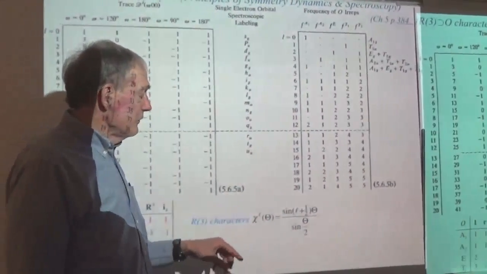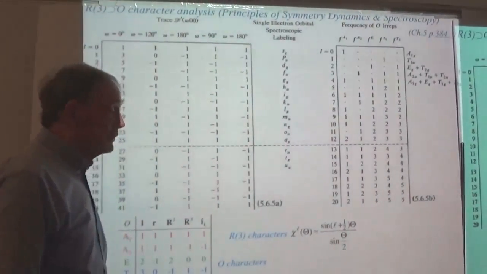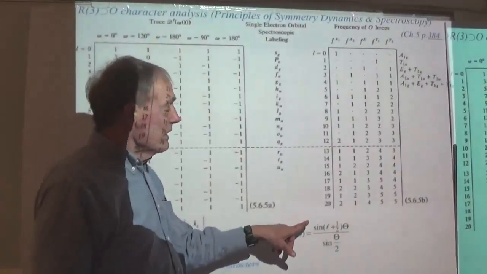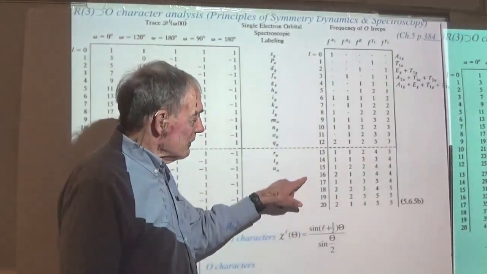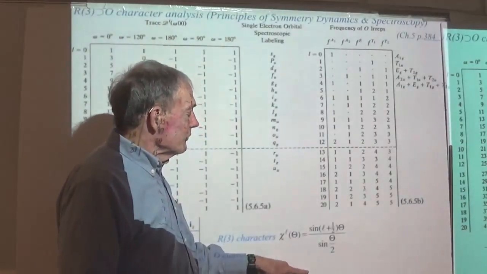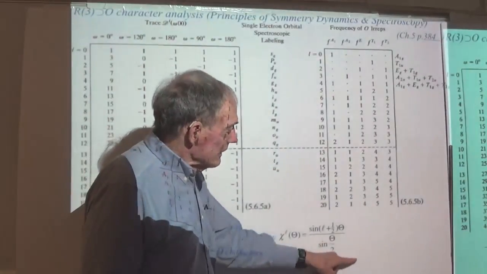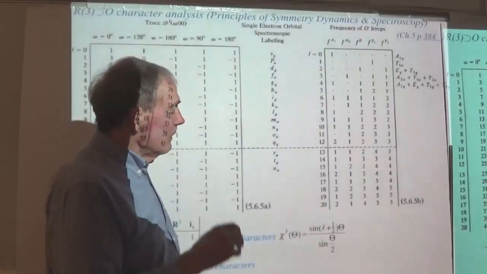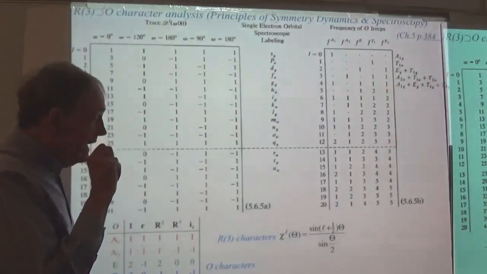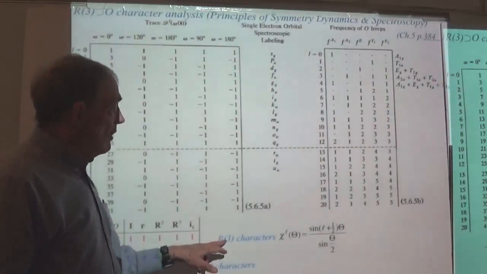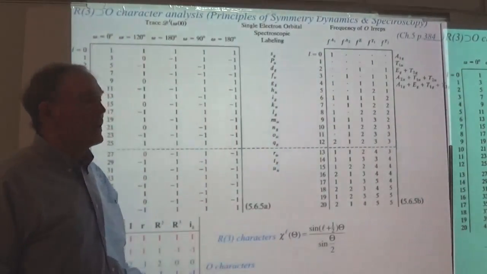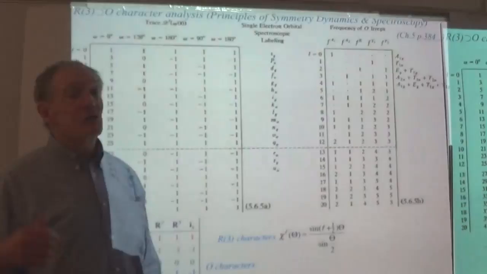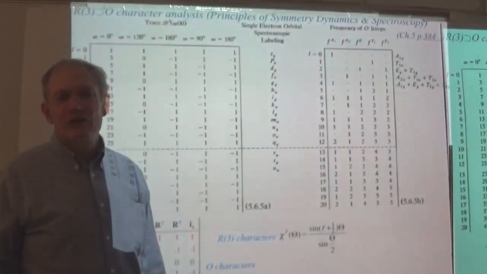Now the characters of R3, we went very quickly through the derivation of that. Remember that we got a sine x over x function. I call it the spectral function because it has all these oscillations corresponding to this angle of rotation, and that's all R3 cares about. R3 only cares about how much you rotate it. What direction? That's your choice.